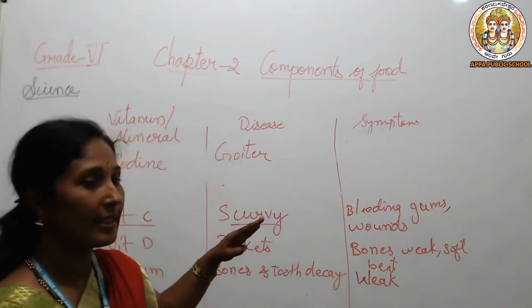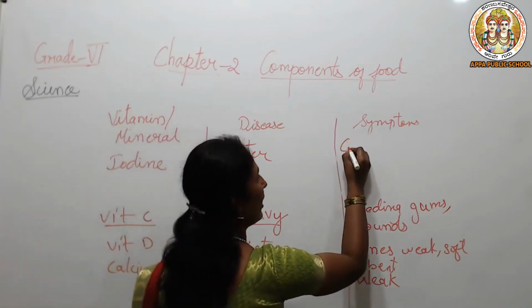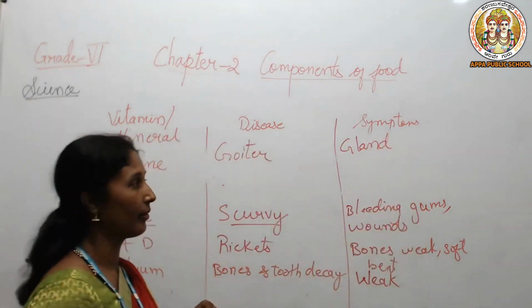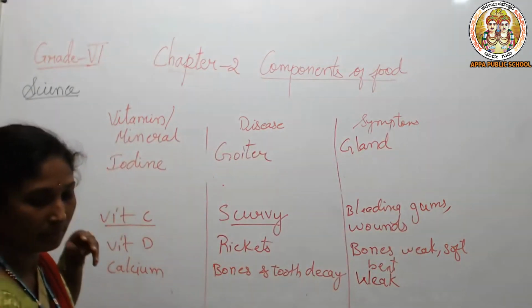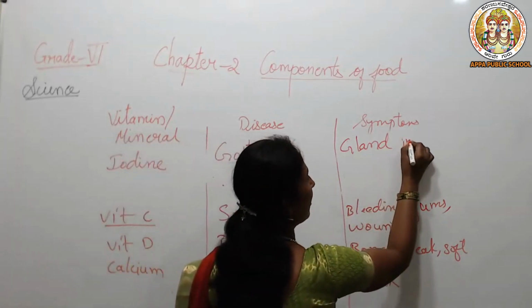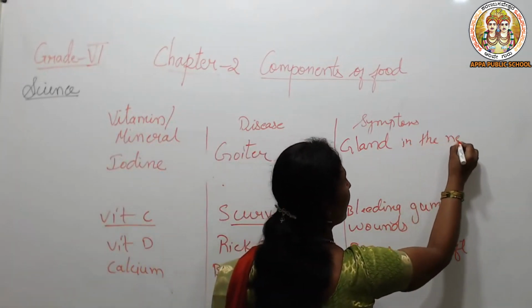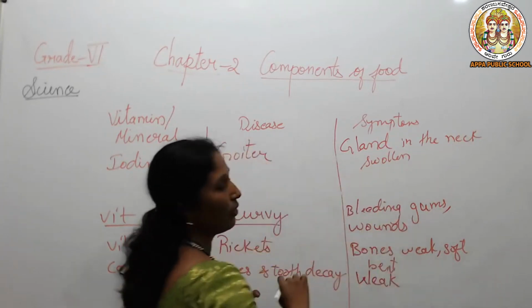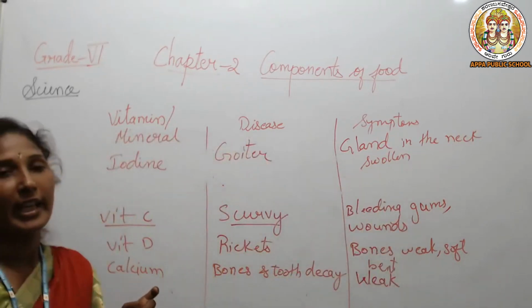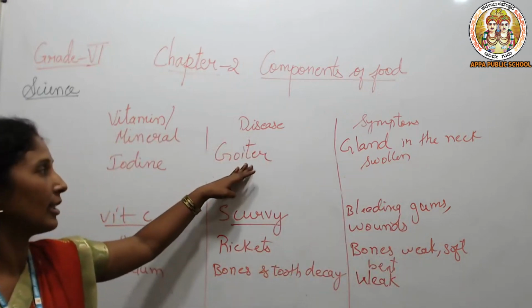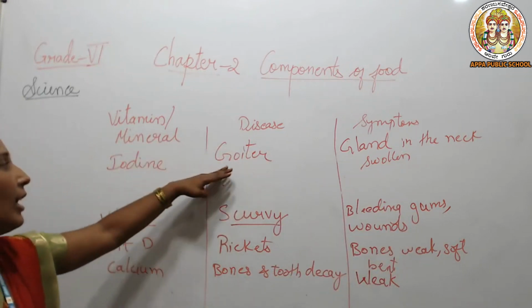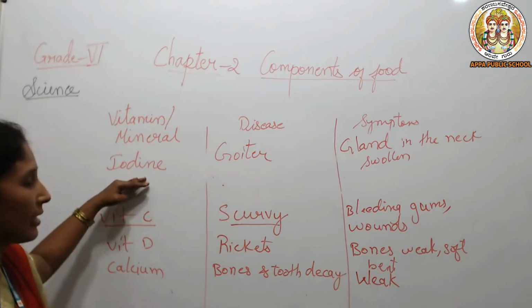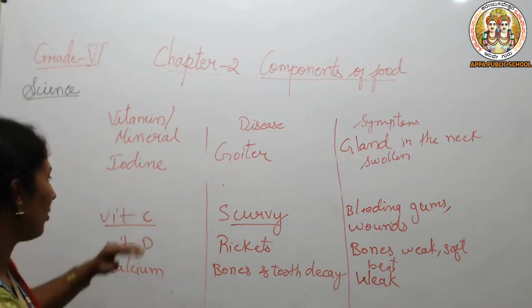So that disease is called goiter, swelling in the thyroid gland. This gland in the neck goes on swelling and becomes very ugly to see. We get this disease when we are getting less iodine in our body.